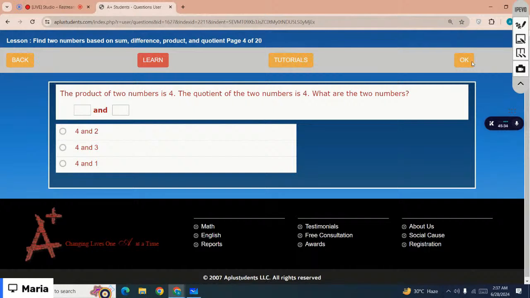And when you divide 4 by 1, the answer is also 4. Option number 3 is the correct option, 4 and 1.